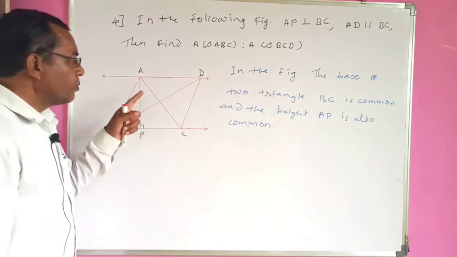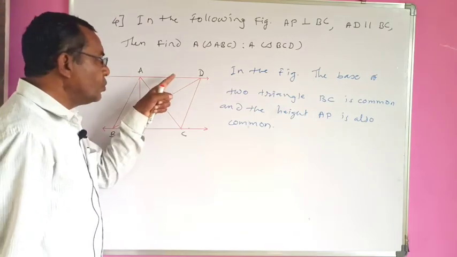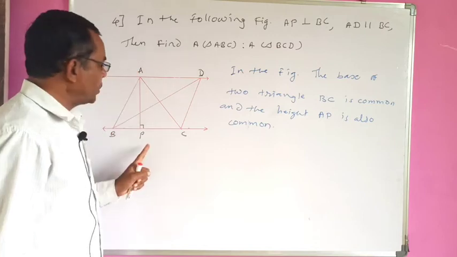What is the reason? Because the distance in between two parallel lines is the height of these two triangles.